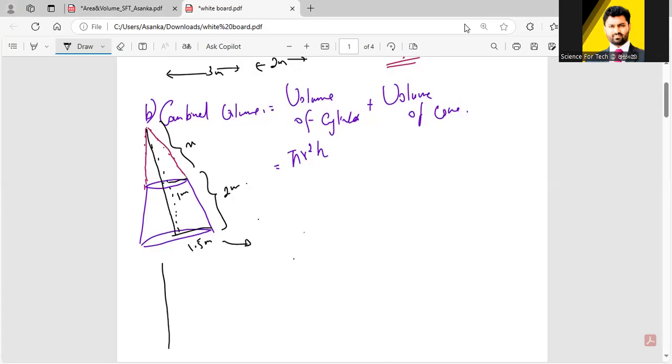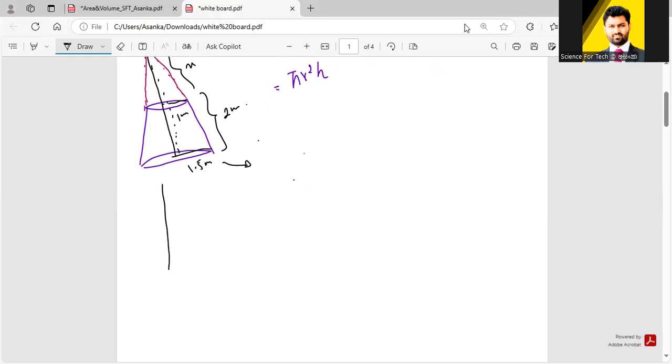Actually, I know how to do this because I have done thousands of questions like this. But in your scenario, most probably you won't have any idea. What you have to do is first draw the figure and write the formula. Then after that you can think how to substitute into this formula.